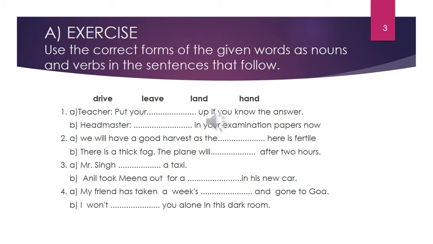According to the sentence and its context, you can use these words, okay, as a verb and as a noun, right? And if you are not able to do it, or if you want to check your answers, so I have given the answers at the last of this presentation, okay, so you can check it.